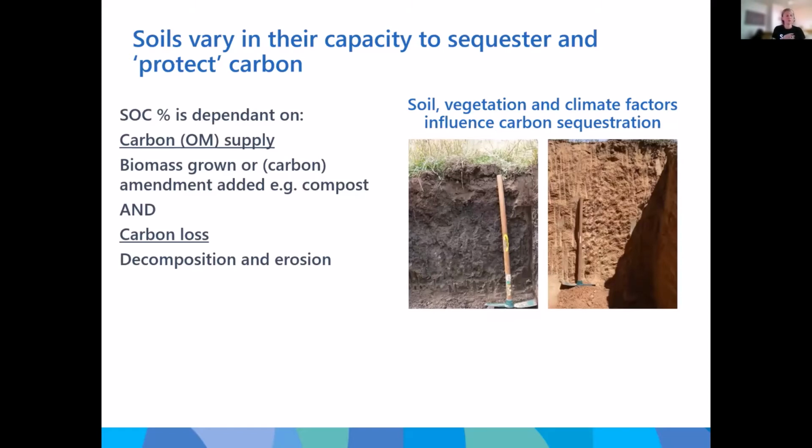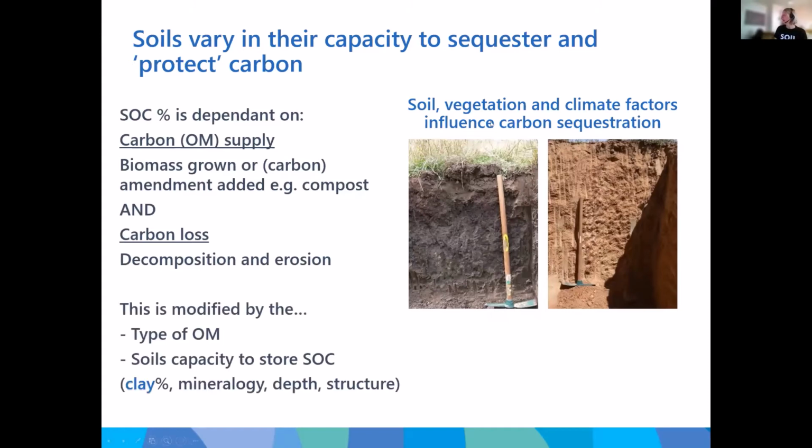So we've got the soil organic carbon concentration dependent on organic matter supply, so that photosynthesis process and the net supply of carbon going into the soil, or organic carbon that's being brought to the soil if you're using organic amendments, and carbon loss. So that decomposition process, good functional carbon, but we can influence that as well, and reducing erosion. Now, we know that's going to be modified by the type of organic matter.